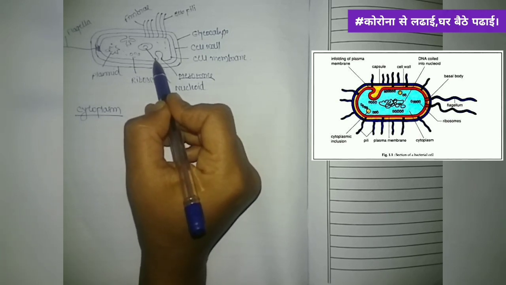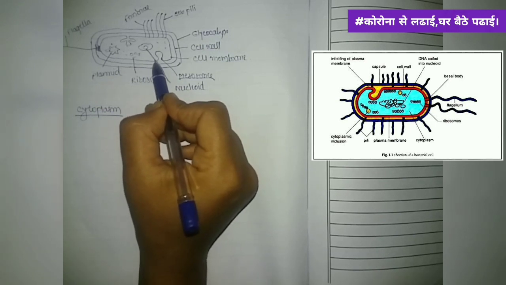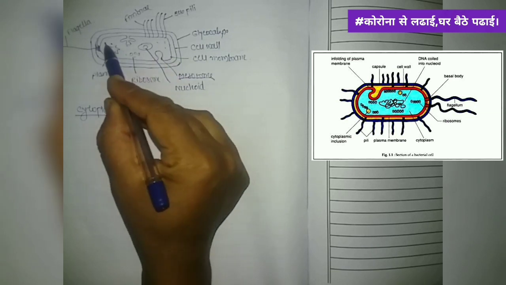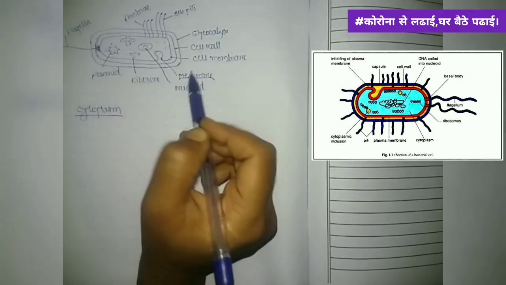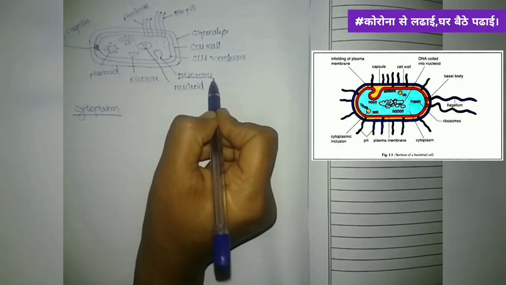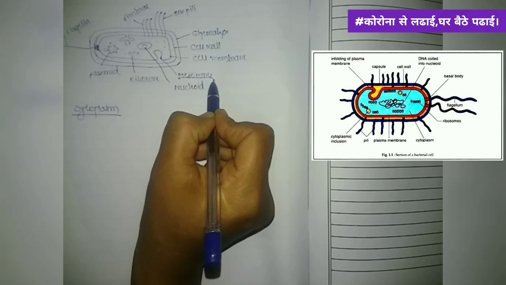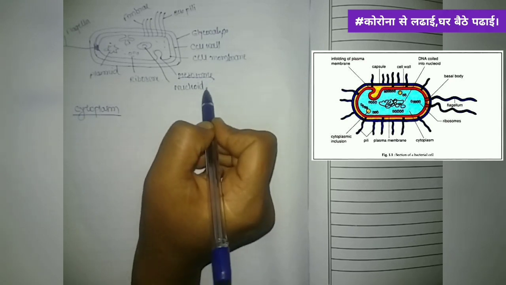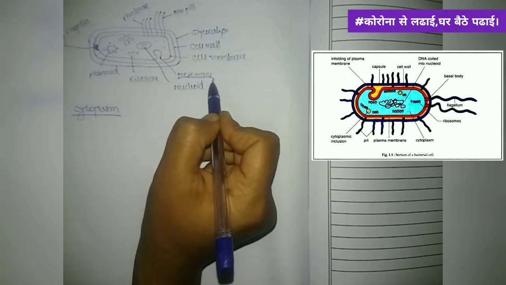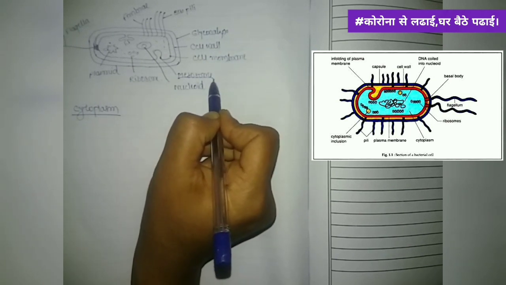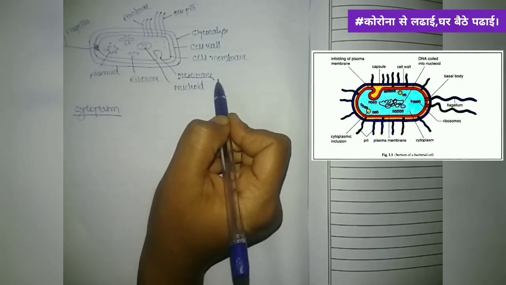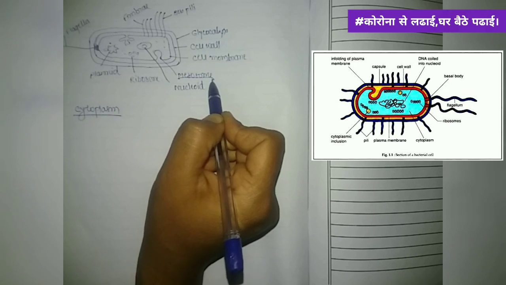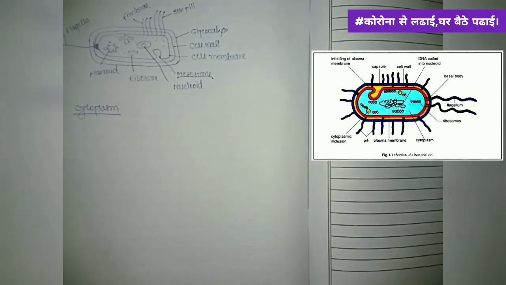Here the mitochondria is absent, so in prokaryotic cells, the enfolding of the bacterial cell membrane, known as the mesosome, acts as a powerhouse of the cells and generates the energy. Several enzymes present in the mesosome help in the production of ATP.